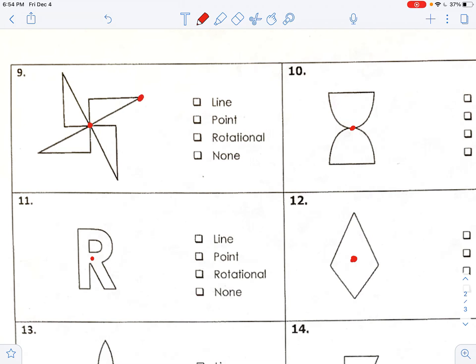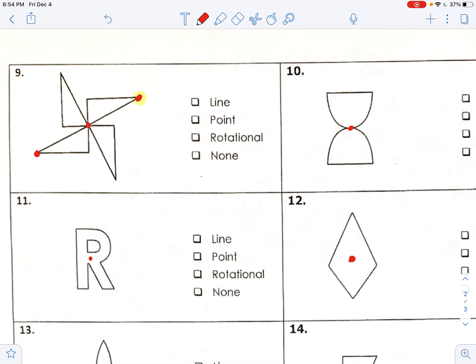So here's a point. Is there another point the same distance directly across from my original point on the other side? And it appears that there is over here.